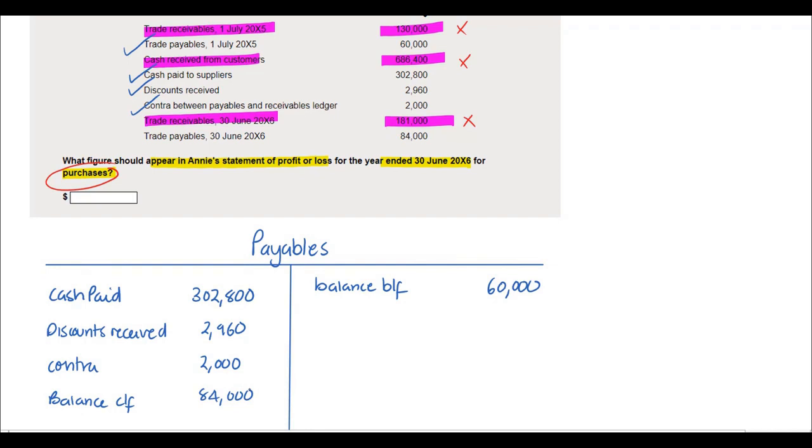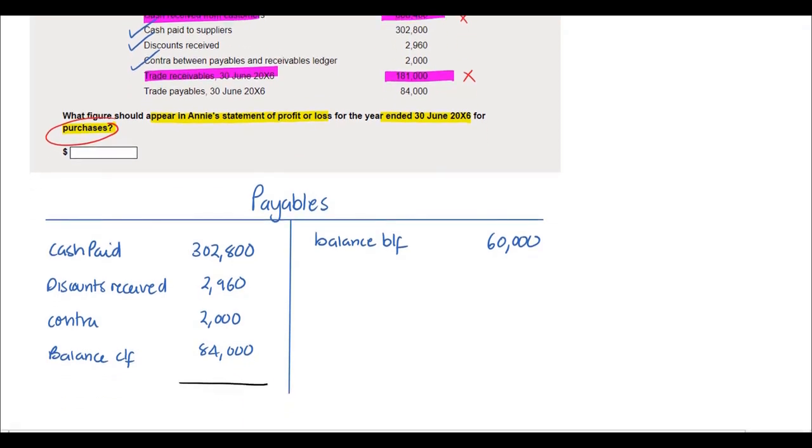With all the numbers populated into this T account, it is now a case of balancing this ledger and working out the missing number for our purchases. If we total this T account, we can see that the debits are higher, equating to 391,760. We'll make that the total on both sides of this ledger.